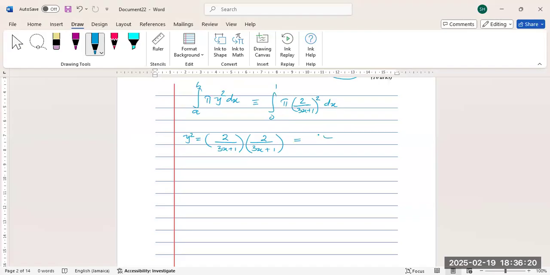That is now going to be 4 over 3x plus 1 all squared, which is 4 over 9x squared plus 3x plus 3x plus 1.